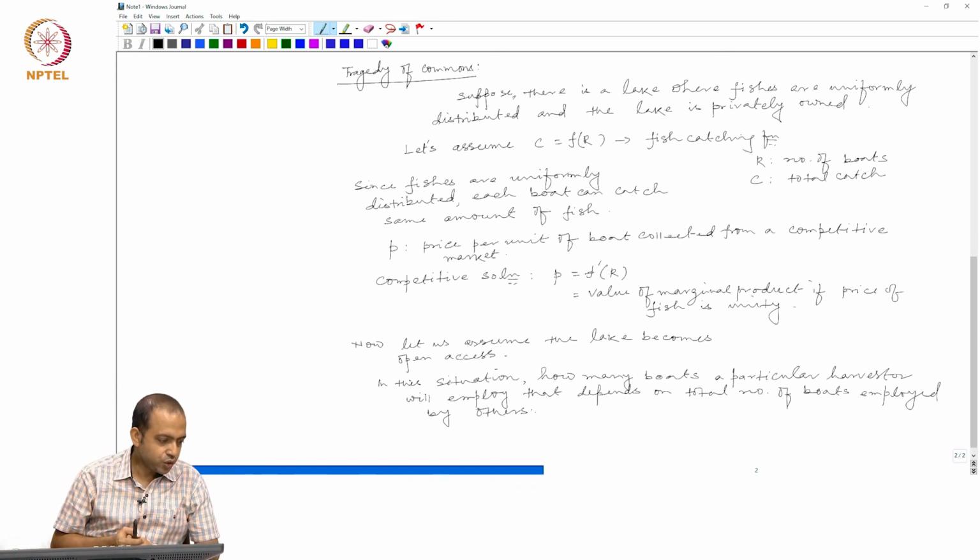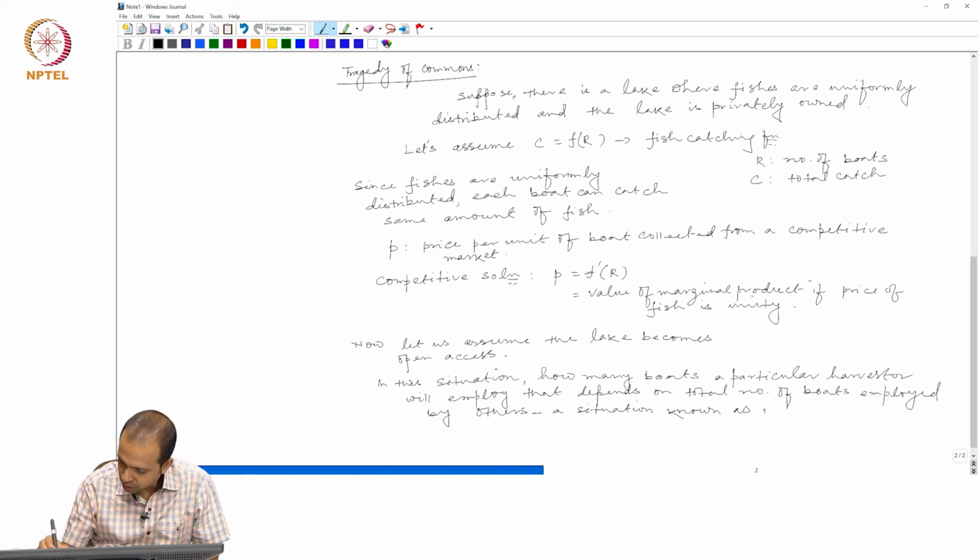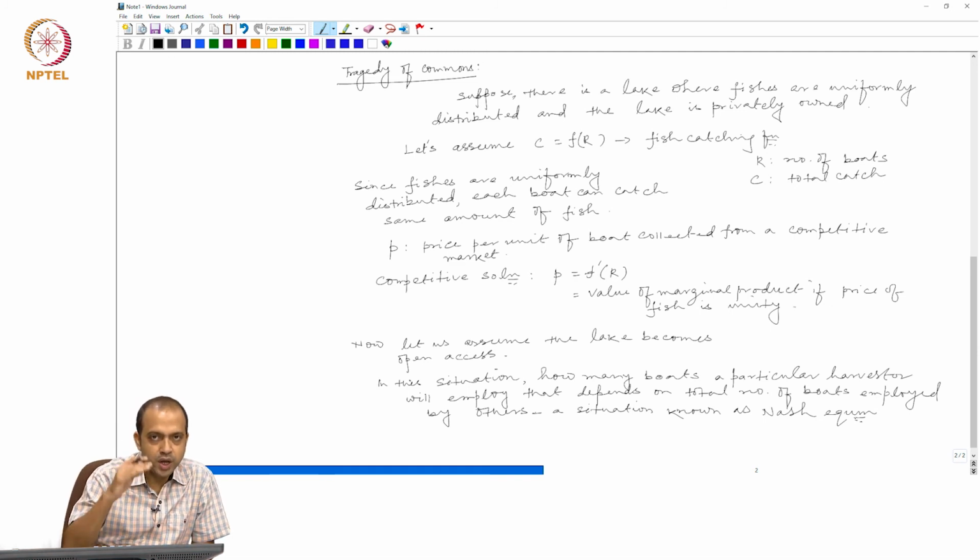So, a situation known as Nash equilibrium, where while deciding my best response, my best strategy, I first consider others' best strategy. So that means given others' best strategy, I decide my best strategy.